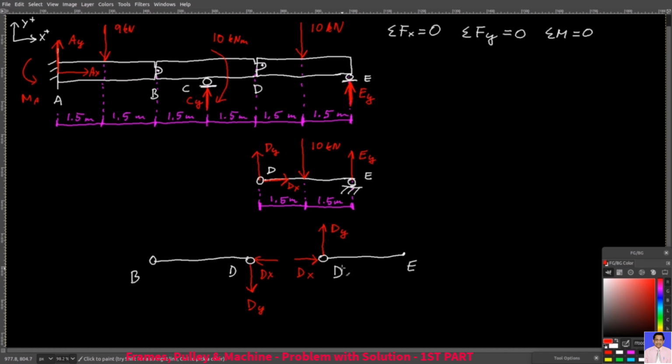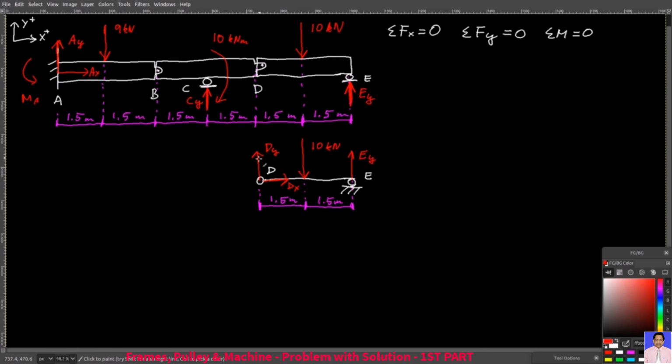Thus, they cancel each other out. That's why we don't include them in this general free body diagram. However, if you draw a free body diagram for the member DE only, then DX and DY become external forces and you have to include them.